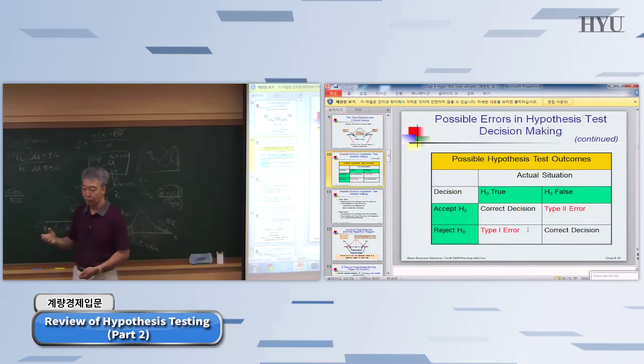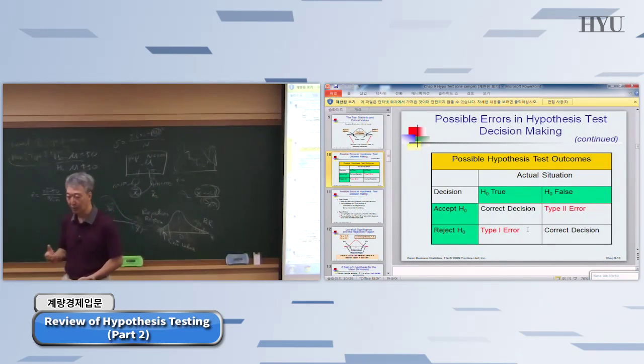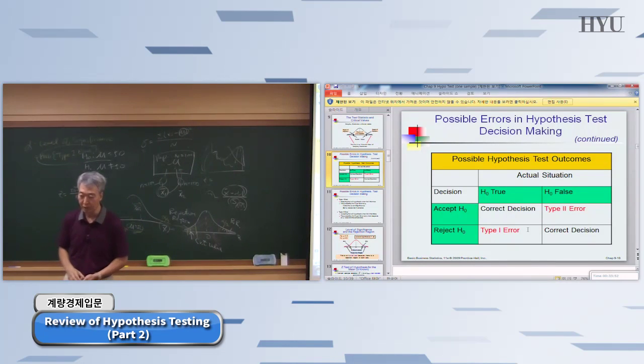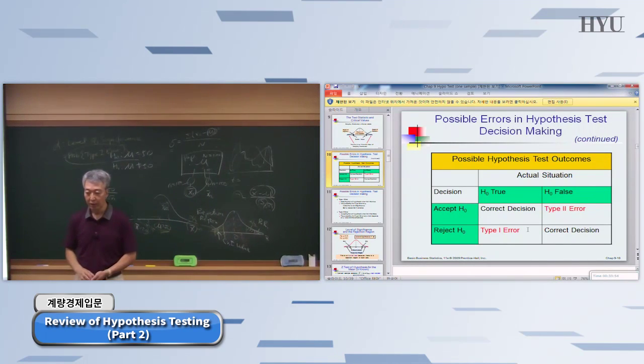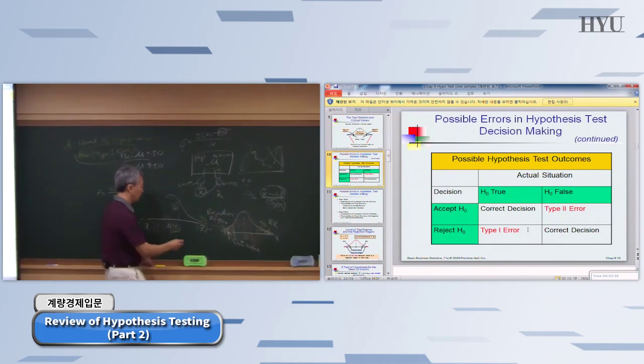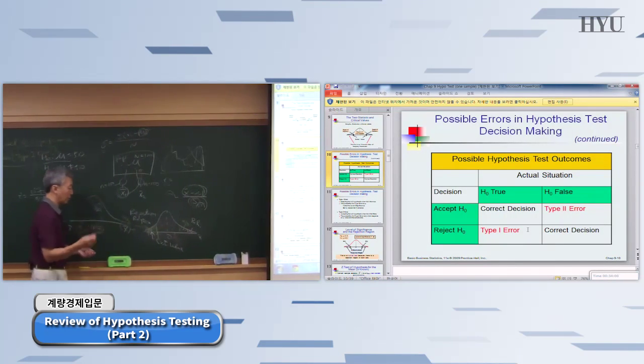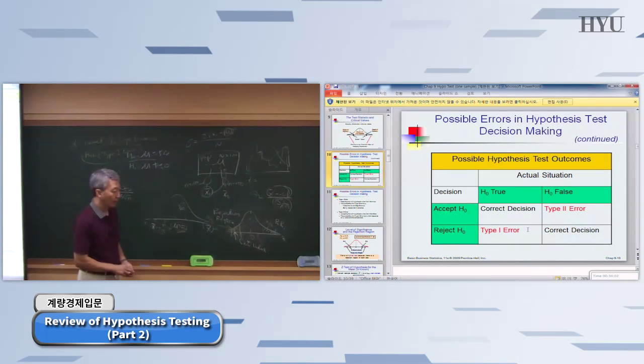So whenever you run the test, you know exactly how much risk of error you are taking for type 1 error, because we have set up 0.05 or whatever you want. But as far as type 2 error goes, we have no idea how much risk we are taking.